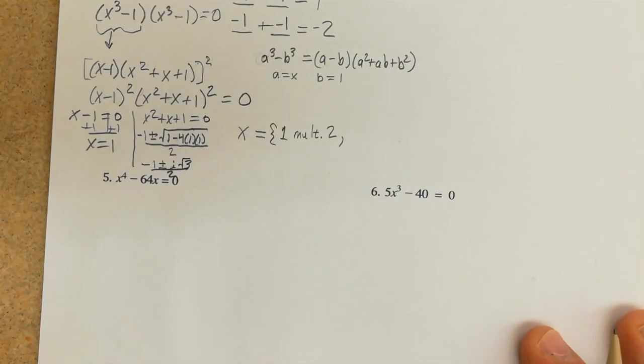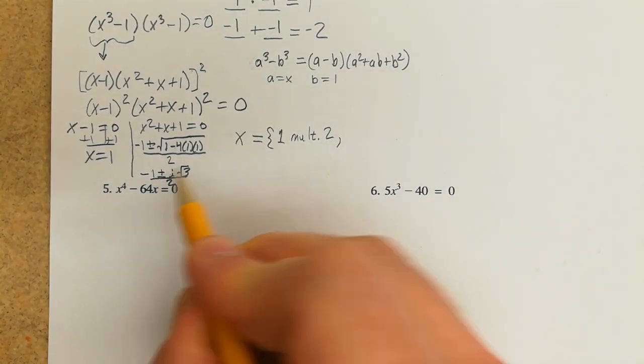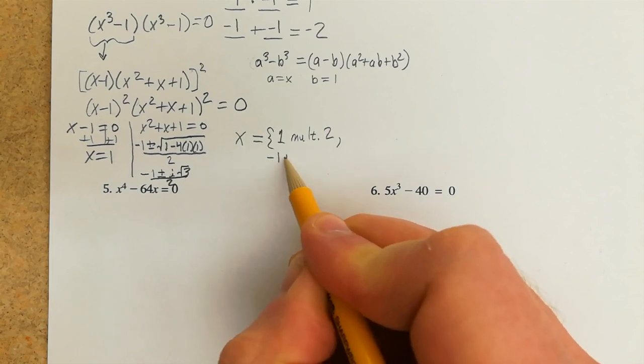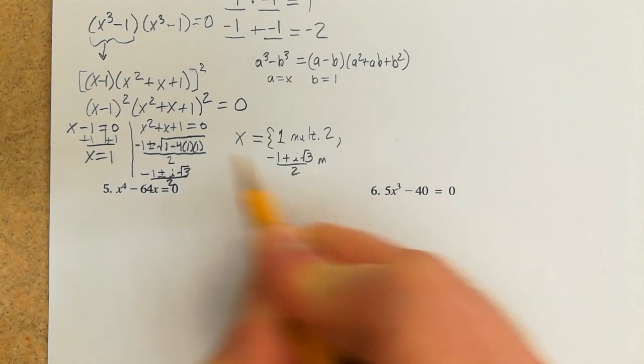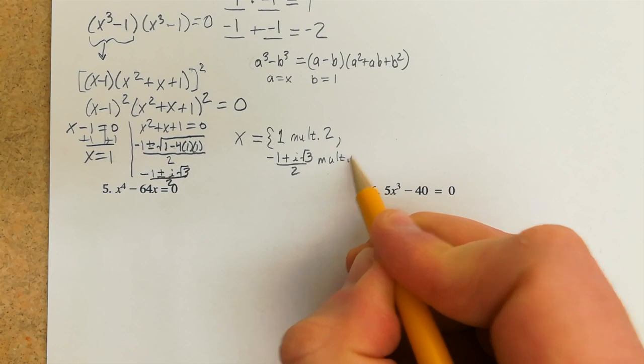So 1, multiplicity 2. And then I'm going to go ahead and separate these out just to be clear. I have negative 1 plus i root 3 over 2, and I have 2 of those, again, because this part of it was squared. So that has multiplicity 2.